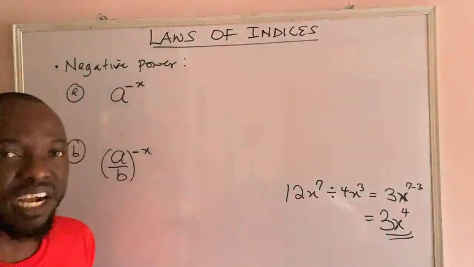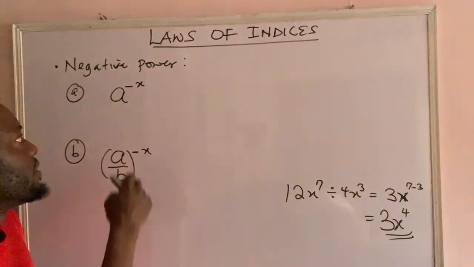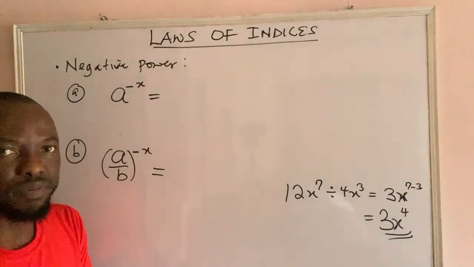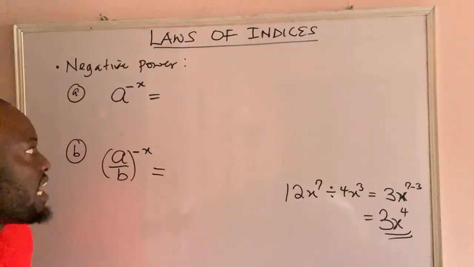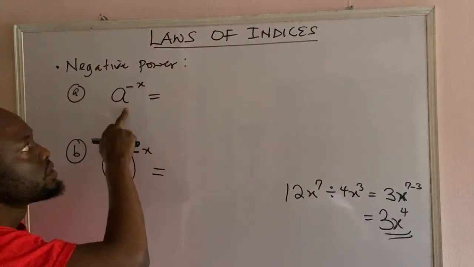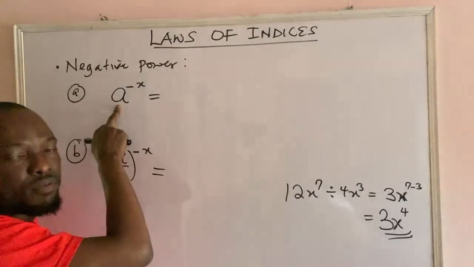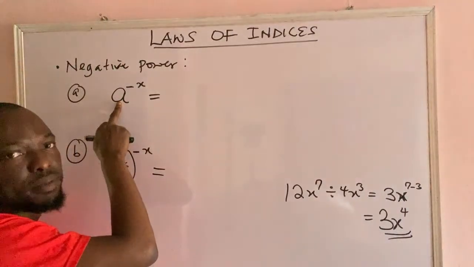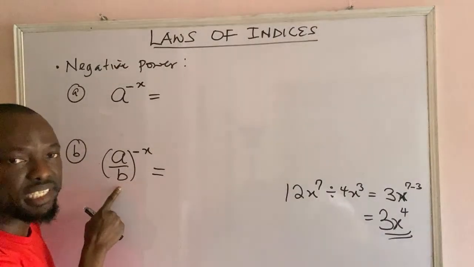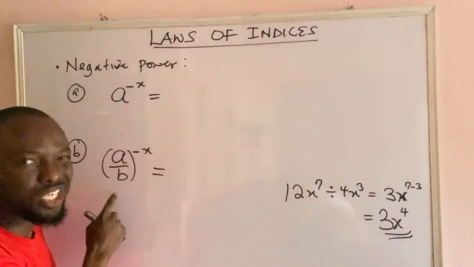So for the first scenario, the expression will be different from the second scenario. So you can either have an index form for negative power whose base is a whole number, or, in this case, the base is in the form of a fraction.